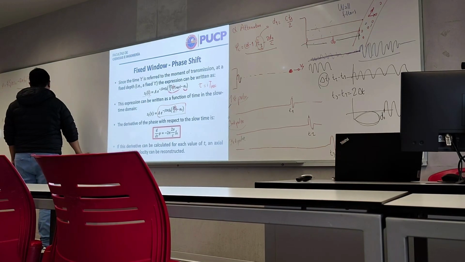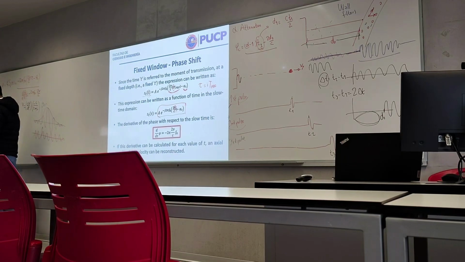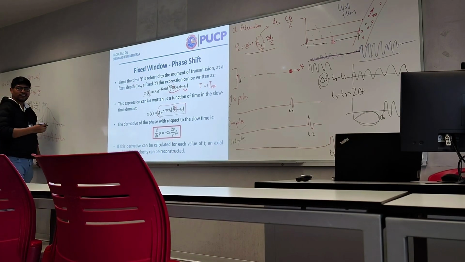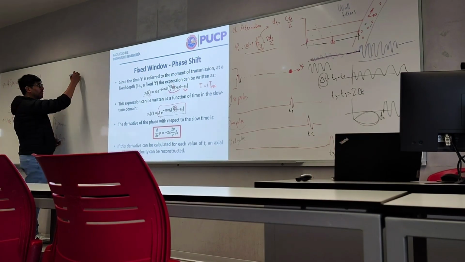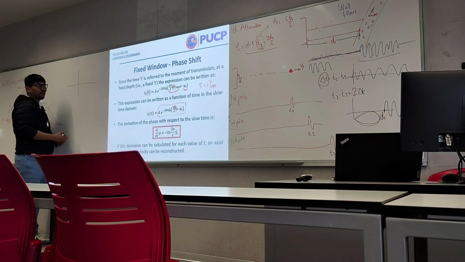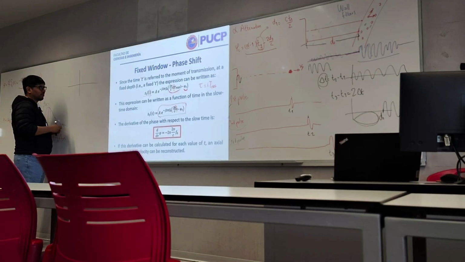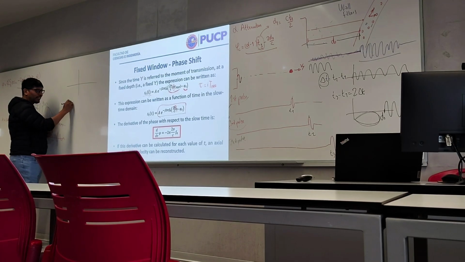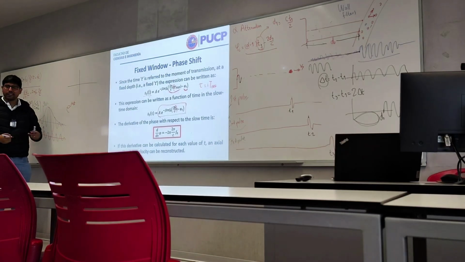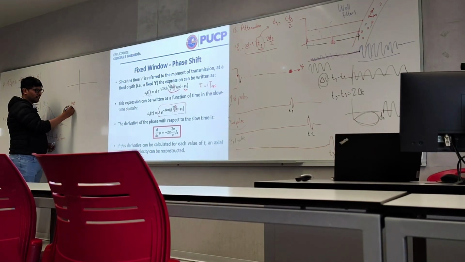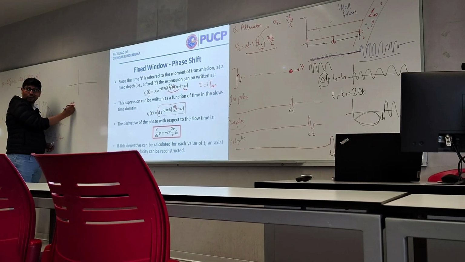I think you are familiar with these phase terms. No? Remember when we did the FFT? Remember how the phase was? For example, when you have A e^(j omega 0 t), right? What was the phase? Remember, it was omega 0 t, right?